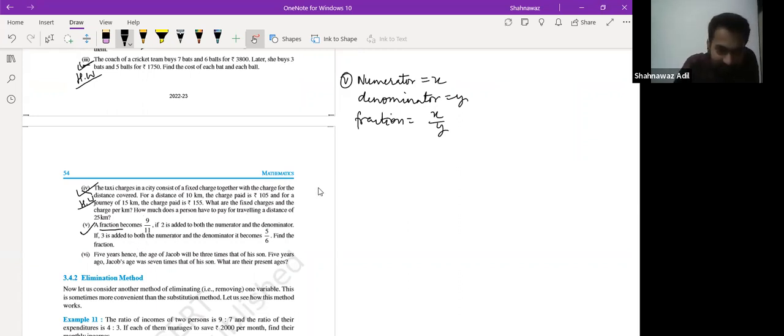So where were we, Talha? Fraction x by y. If 2 is added to both, the fraction becomes 9 by 11.